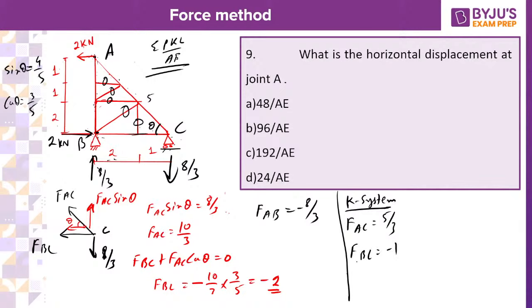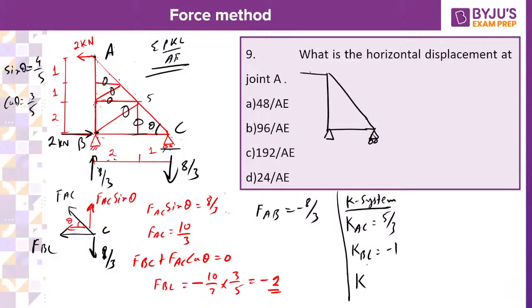Instead of that you write down K so that you can discriminate between these two member forces due to the external loading and due to the unit kilonewton load. K of BC. So remove that external loading, apply the unit load. What exactly am I doing here? I'm removing the external loading and applying the unit kilonewton load in the direction where I need the deflection.